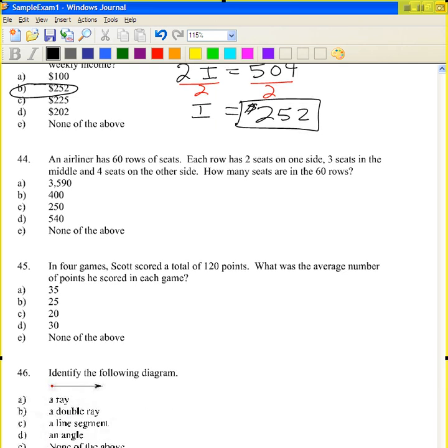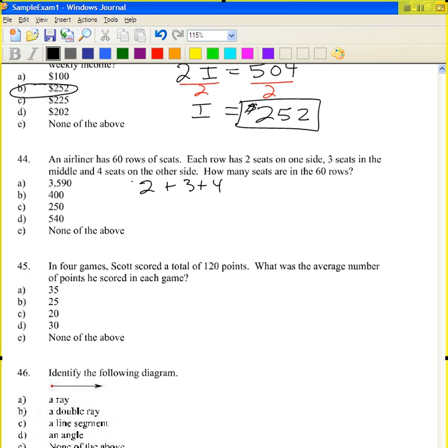Let me do problem number 44. An airliner has 60 rows of seats. Each row has 2 seats on one side, 3 seats in the middle, and 4 seats on the other. How many seats in the 60 rows?